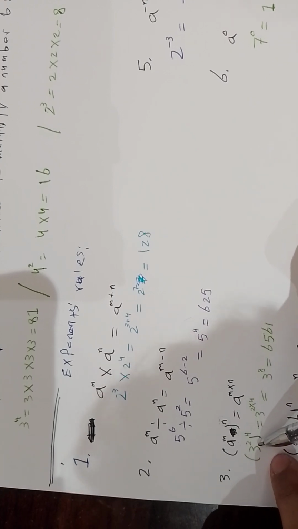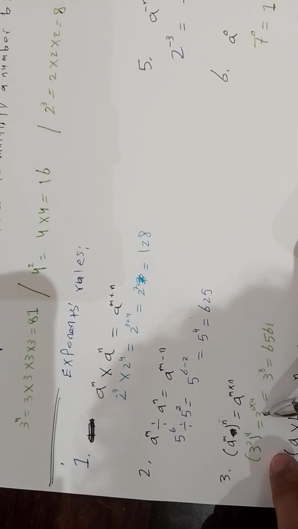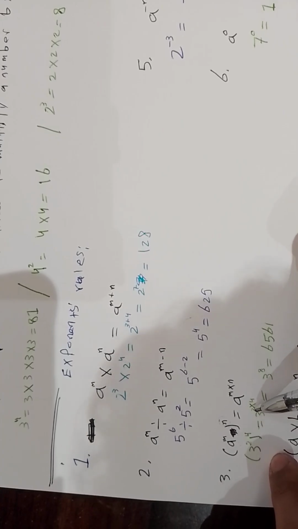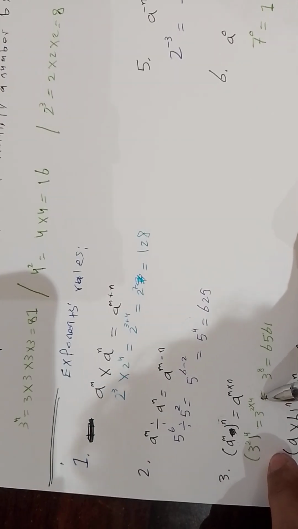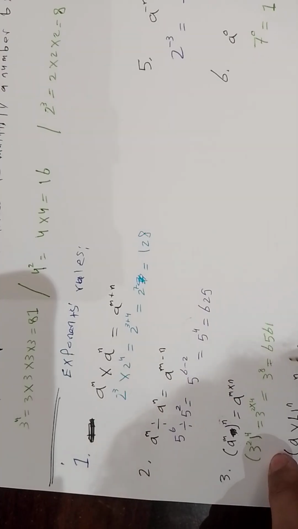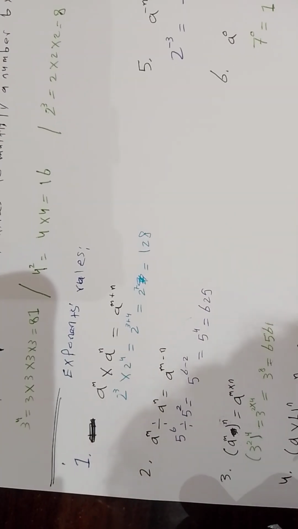For example, 3 squared to the 4, you have to multiply both exponents. 3 to the power of 2 times 4, which equals 3 to the 8th power, which is 6561.